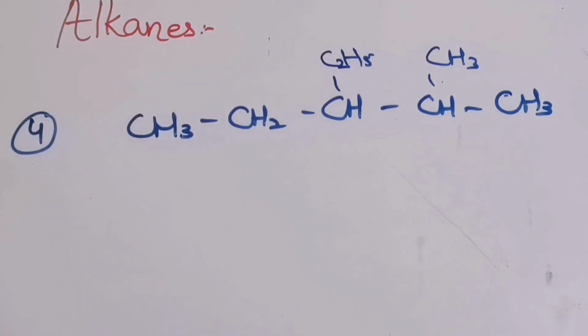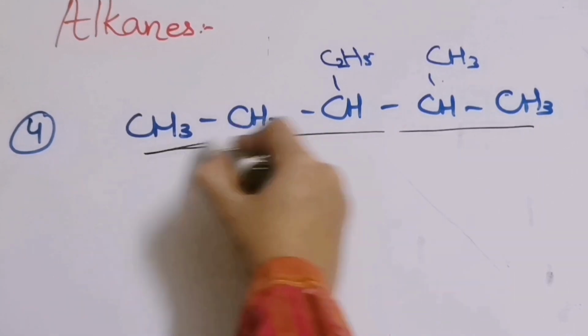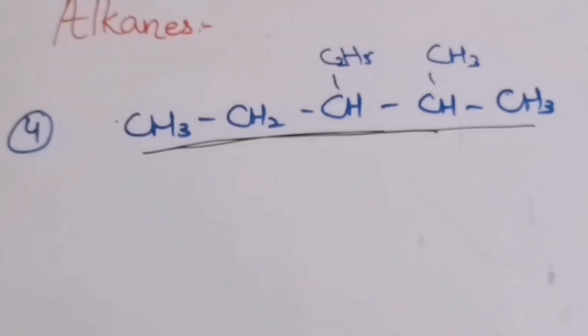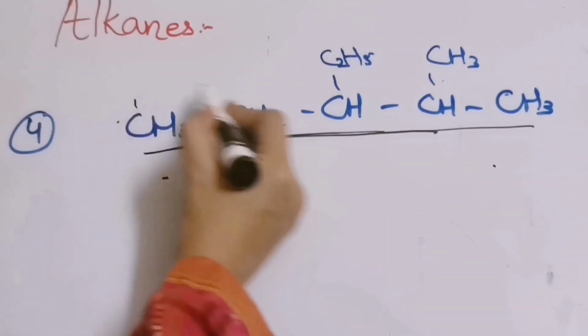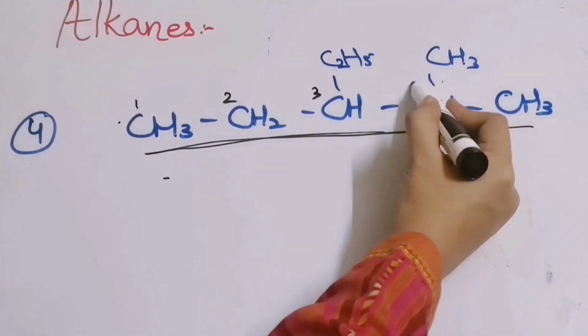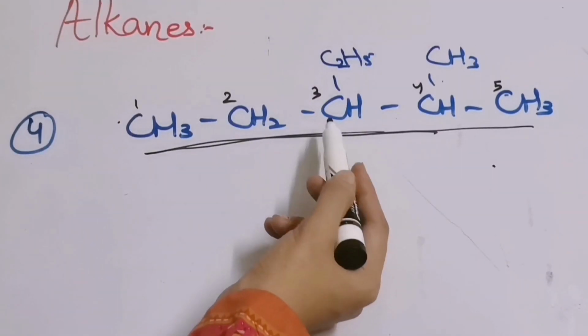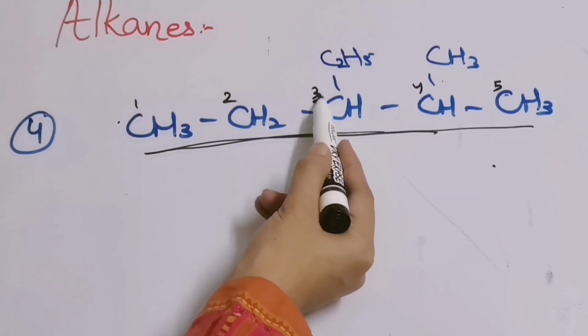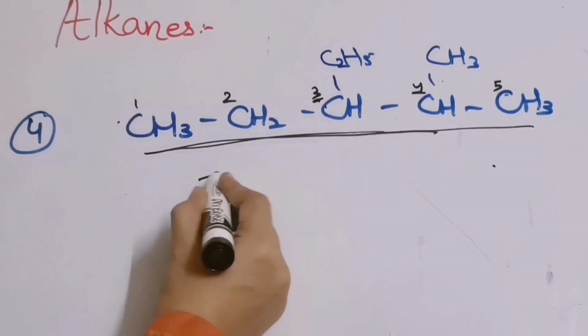Now, first of all, we have to select the longest chain. So this is going to be our longest chain, right? Now from which side will we give the numbers? From this side or from this side? Let us see. 1, 2, 3, 4, 5. If I write the numbers from this side, then see what numbers are given to the carbons on which substituents are present: 3 and 4.